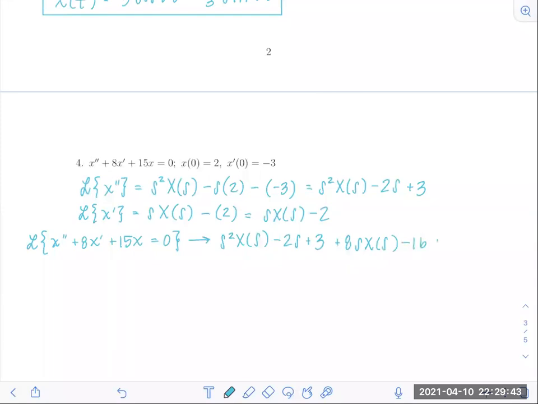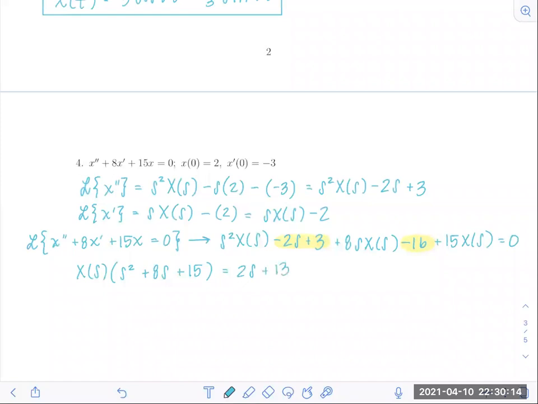And then plus 15 X of s. And here again, the Laplace transform of 0 is 0. I am going to move the highlighted terms to the right-hand side and factor the X of s out on the left. So that's going to leave me with s squared plus 8s plus 15 equals 2s plus 13.